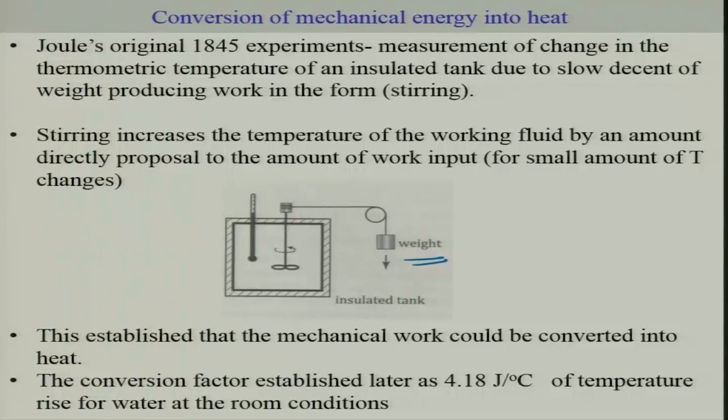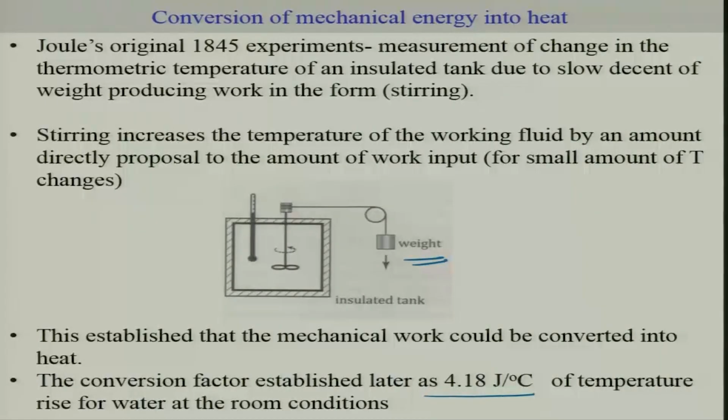So, this basic simple experiment established that mechanical work could be converted into heat, and the conversion factor was established later as 4.18 joules per degree Celsius of temperature rise for water at room conditions.